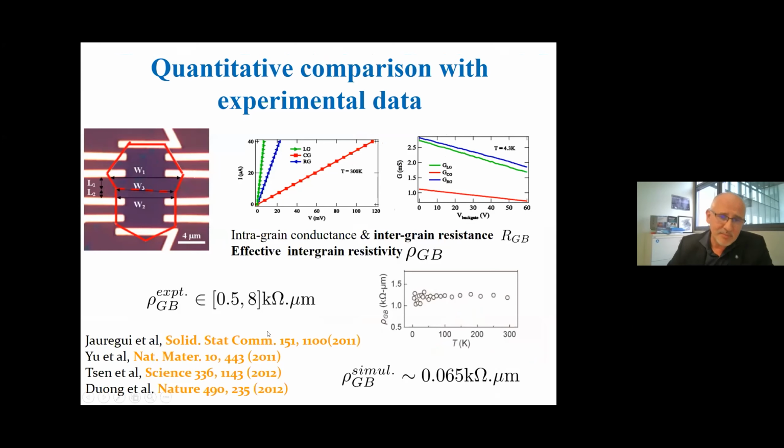It turns out there have been many experimental groups that did this type of experiment, and they end up with a value of the grain boundary resistivity which scales within this interval: 0.5 to 10, let's say, kilo-ohm micron, which is very weakly temperature dependent. And when compared with a very clean polycrystalline graphene, actually, it's just like 1 or 2 orders of magnitude higher.